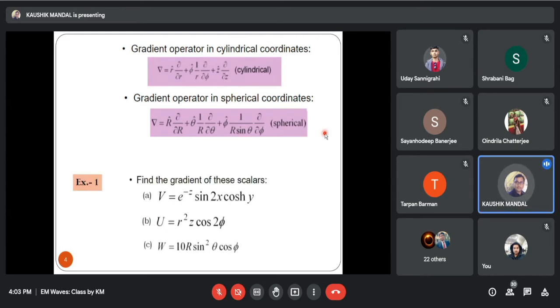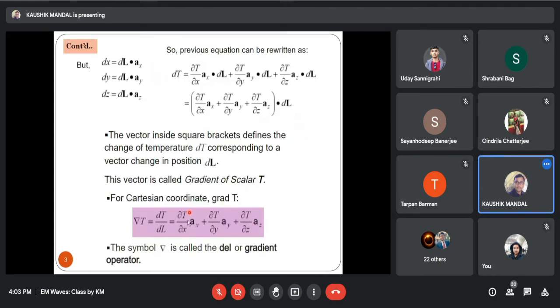Now with this basic discussion, the gradient of some scalar quantity, if we consider the Cartesian coordinate system, will be del del x, del del y, del del z of the corresponding scalar quantity, into the corresponding unit vectors ax, ay, and az.